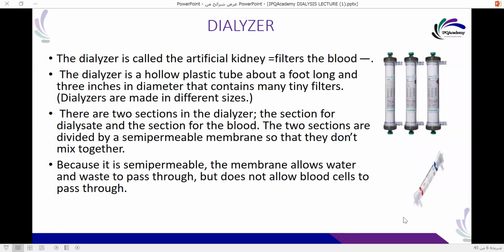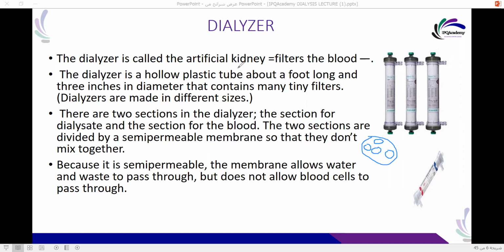Let's demonstrate here simply. We will take a horizontal section from the hemodialyzer. Let's imagine these are the tiny filters. This is a cross section, okay? Tiny filters inside the dialyzer.